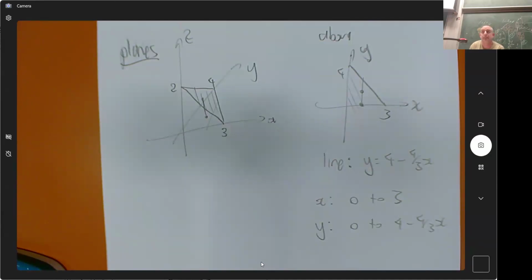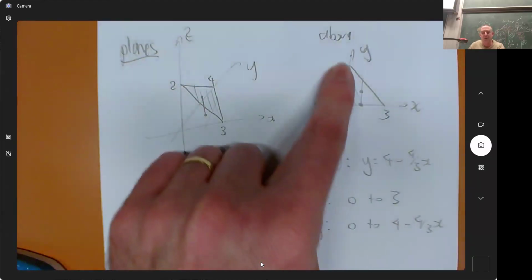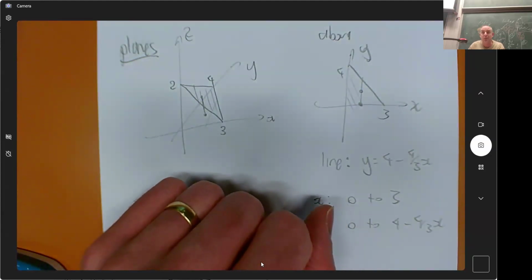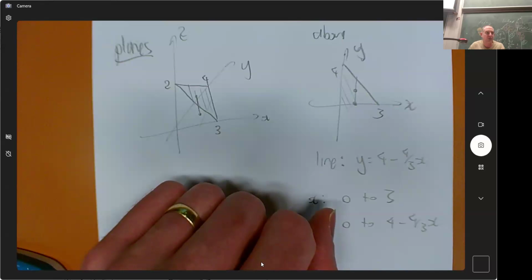Right? So how do I figure that out is the question. And I will tell you. There is a different way of creating the equation of a line, which I love very much. It's called the intercept form of the equation of a line.